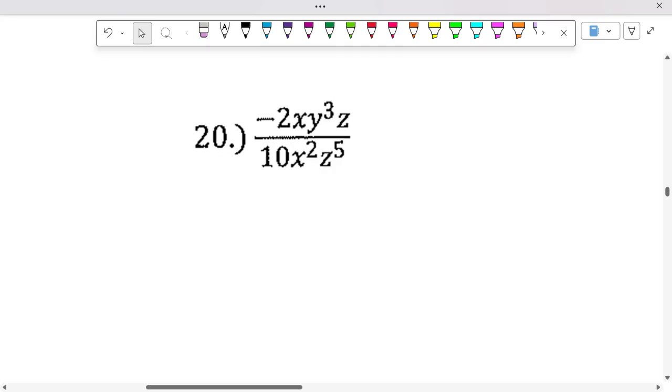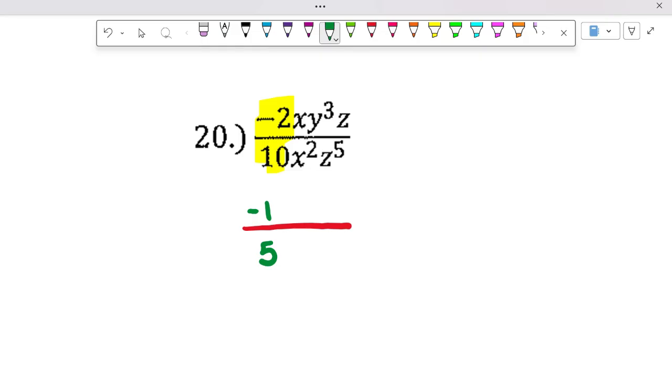Multiple things to do. So just like I told you, do it one at a time. So we're going to start with our coefficients. What's negative 2 over 10 simplified down to? Negative 1 over 5. X's. So I have x squared minus 1, which is what? 1x.